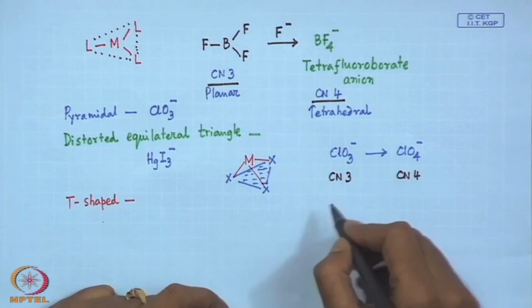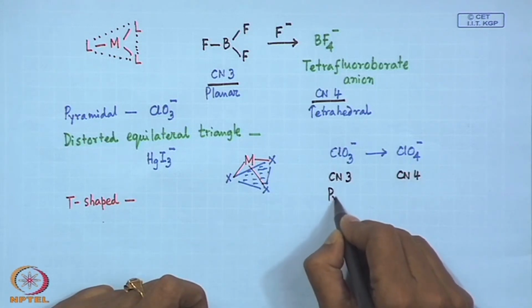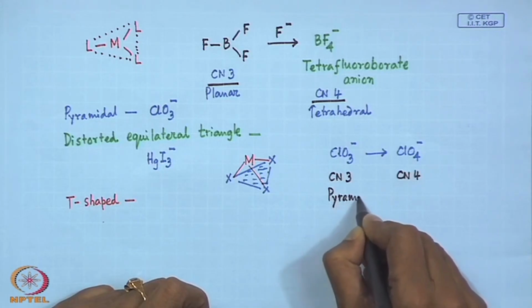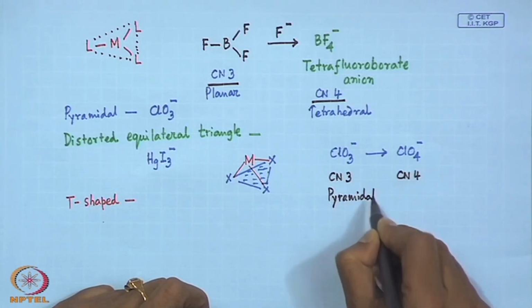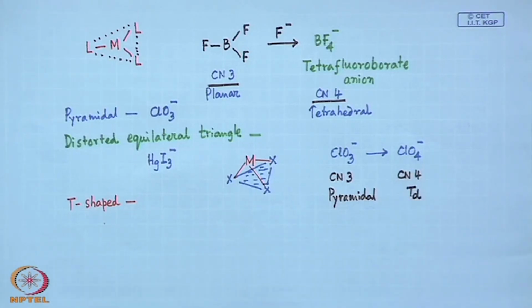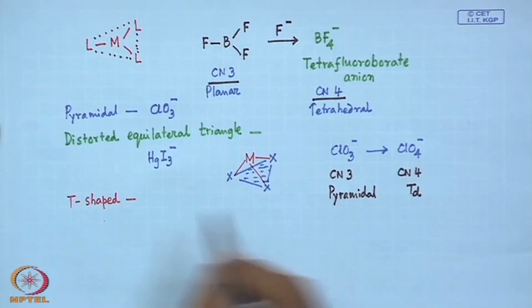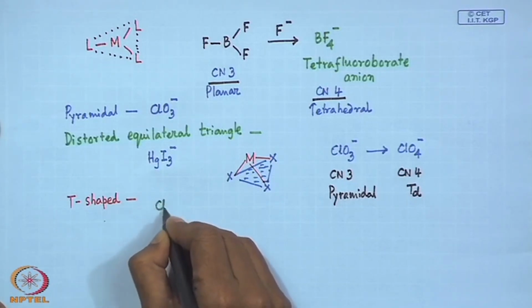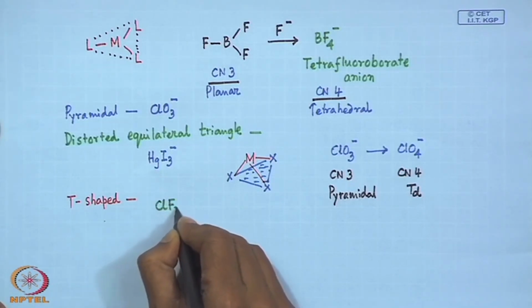Here, instead of planar structure, we have pyramidal to a tetrahedral geometry. So the best example for an inorganic molecule having a T-shaped structure is ClF3.